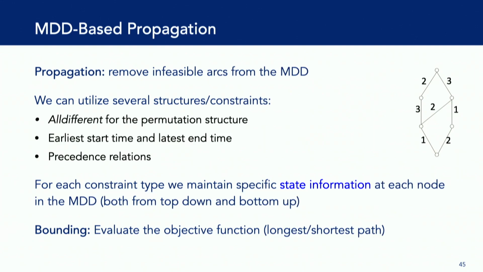And each one of them will separately be given a chance to modify and refine the diagram, by the state information that we keep at each of these nodes. So for the all-different, we want to understand which tasks we have already executed, so that we don't repeat those tasks. For the earliest start time and latest end time, we have to keep track of that information as well in the states. Okay?